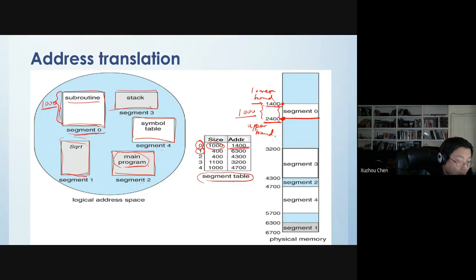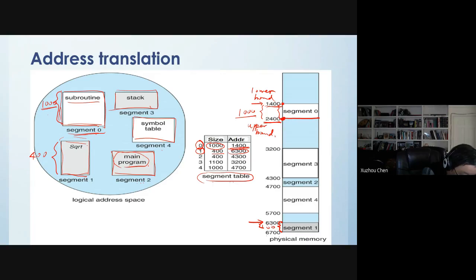Now, segment 1, I map into the memory location 6300. So here's a 6300. And the size of segment 1 is 400. That's the size. So starting from 6300, and then the size is 400. 6300 plus 400 is 6700.